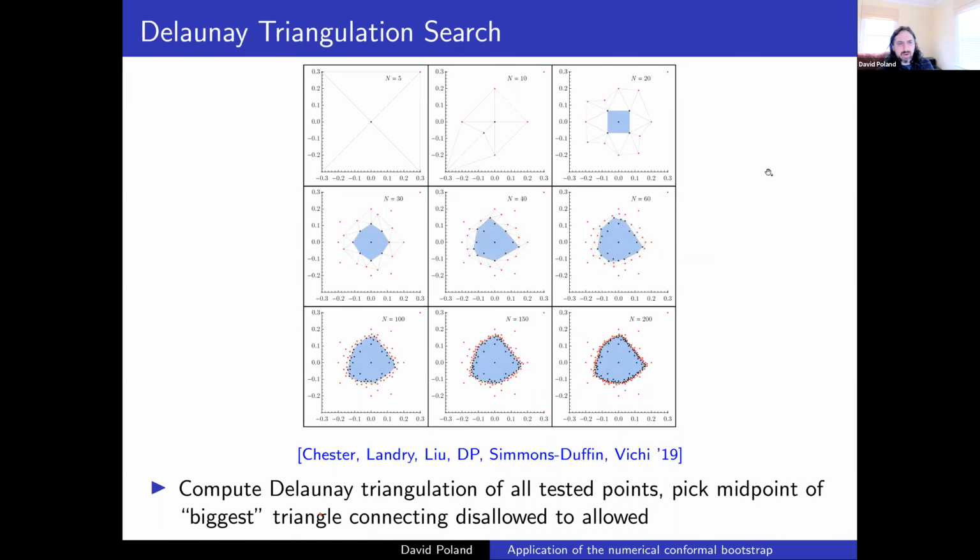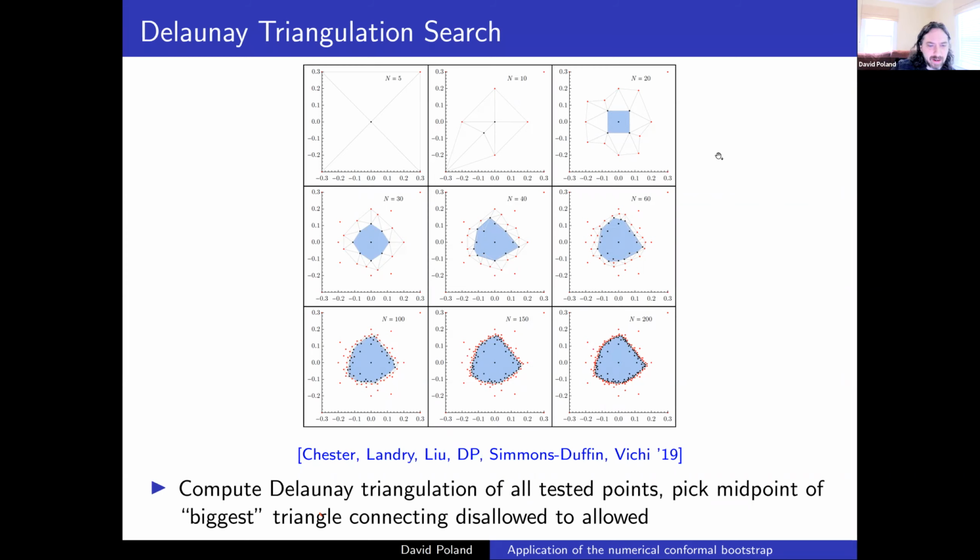Here's one picture of the Delaunay triangulation search. The idea is that you're doing a computation in dimension space. You have some set of allowed points and some set of disallowed points, and you have to decide which point you should test next. The Delaunay triangulation approach tells you to take all of these points, the allowed and disallowed points, and compute their Delaunay triangulation, a particular way of assigning triangles to this grid of points.